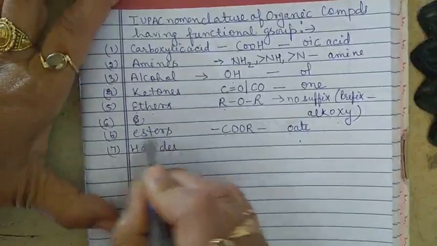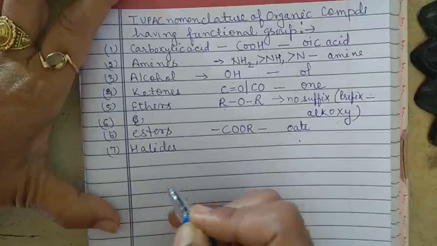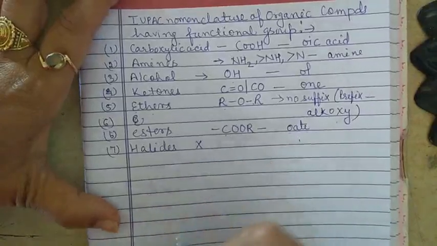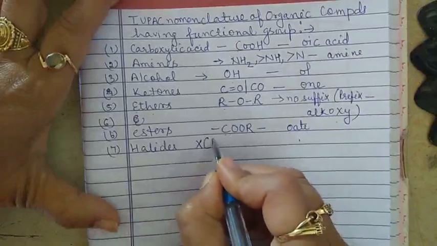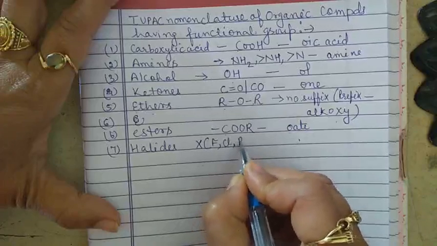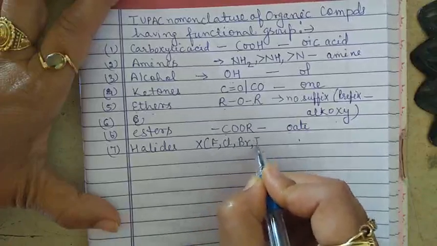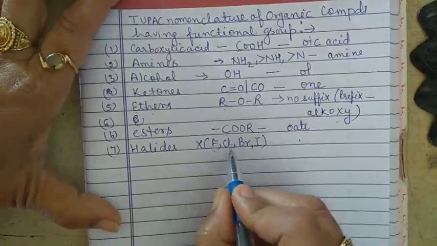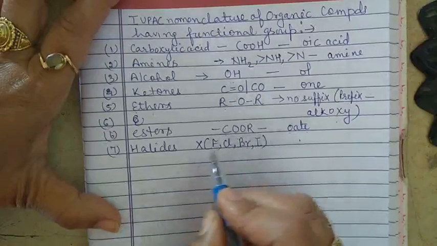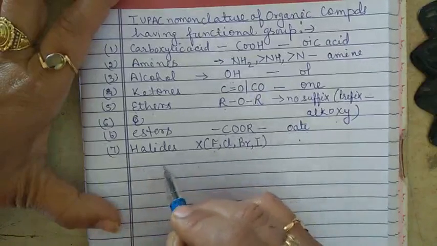Halides means halogens. It is represented by X, and here X means fluorine, chlorine, bromine and iodine. These are the halogens, and these are termed as the halides.